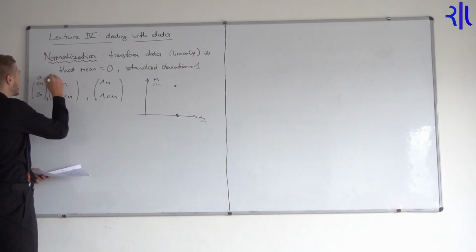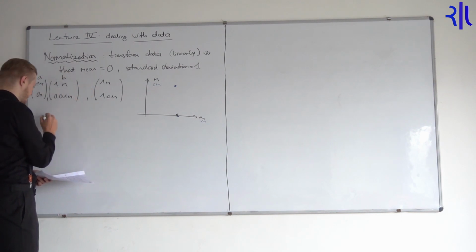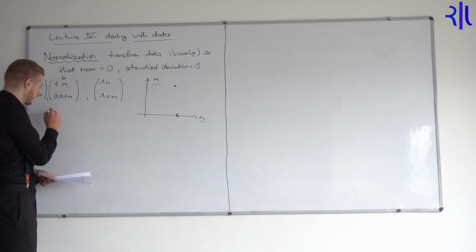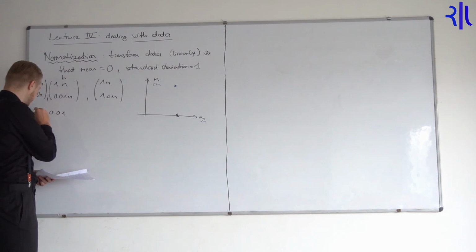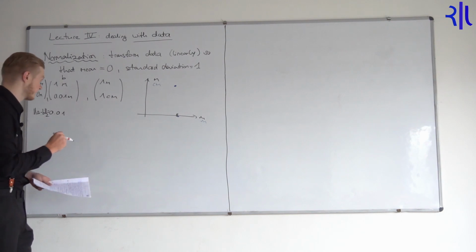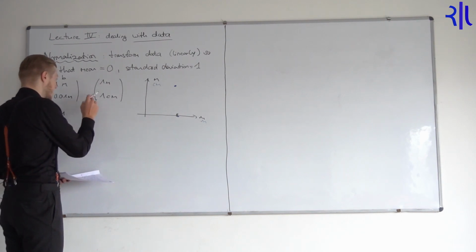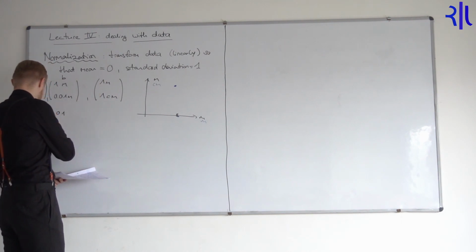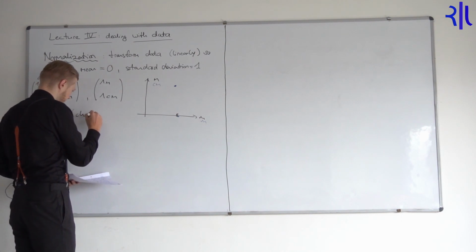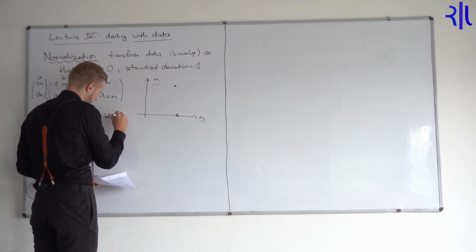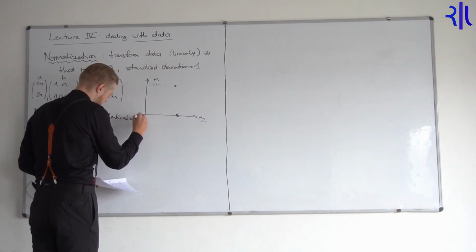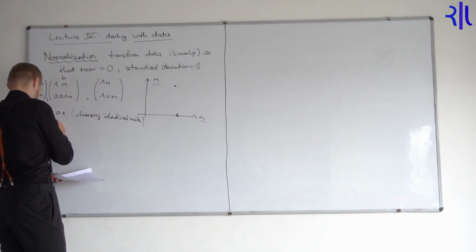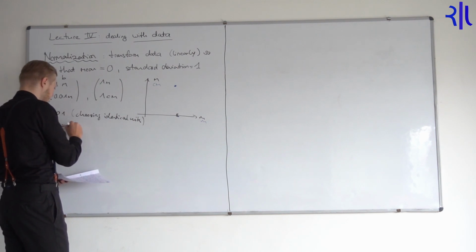Let's call them A, B. So in the meters, the difference of the two is 1/100th, but in the choice of the meters and centimeters, the difference is 1.